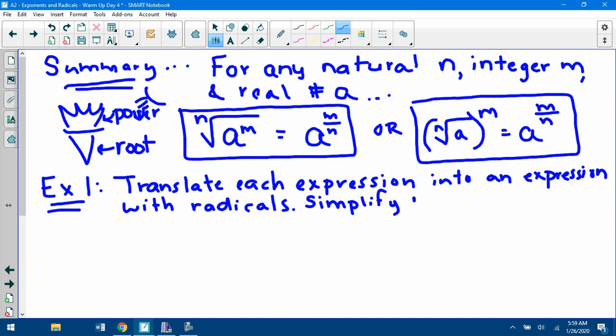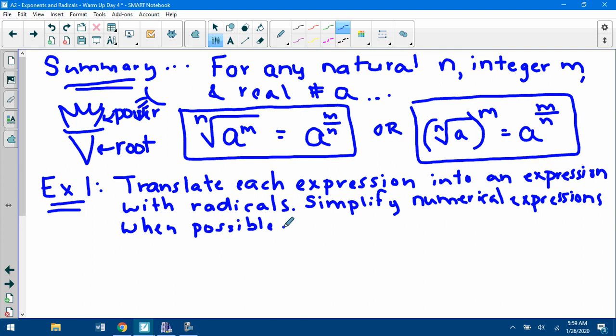If it's all numbers, we're going to simplify. And the first one I'm going to start with is negative 125 raised to the 4/3 power.